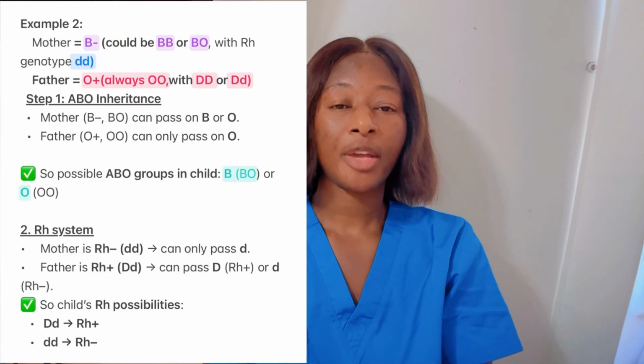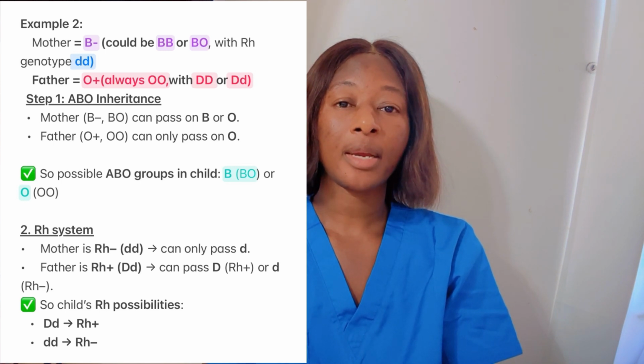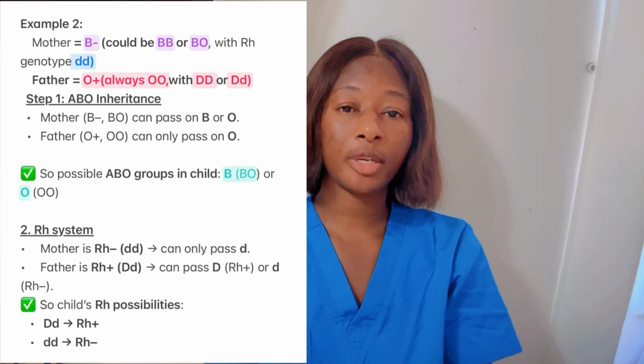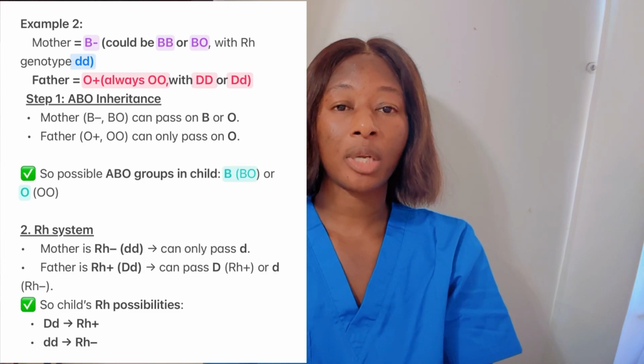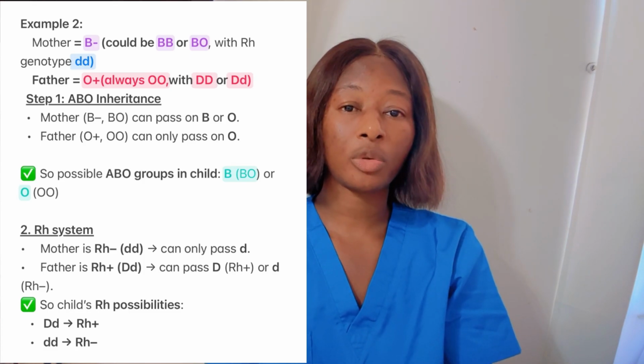Here comes a second example. If a mother is B negative and a father is O positive, in the inheritance patterns of the ABO, because the mother is blood group B, the mother's genotypes or genes can be B or O. So the mother can pass either O or B to her children.